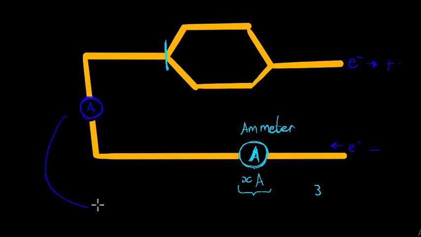This is called series. Series is literally the fact that the current in there is the same. It doesn't change along this path because there's no split.